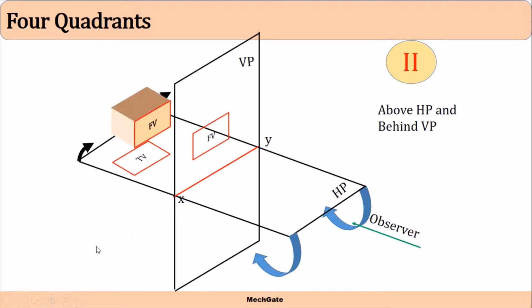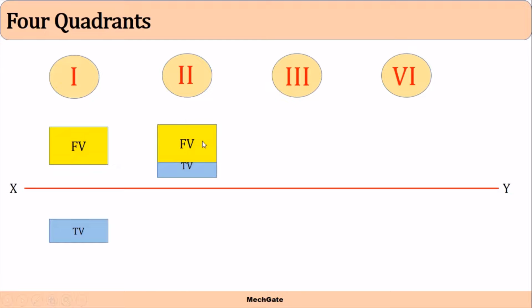If I rotate the horizontal plane in the clockwise direction, then the third quadrant will open up. In that case the top view is also projected on the vertical plane after rotating the horizontal plane. So both views lie above the reference line XY when the object is in the second quadrant. It might be possible that the front view and top view overlap each other, right?